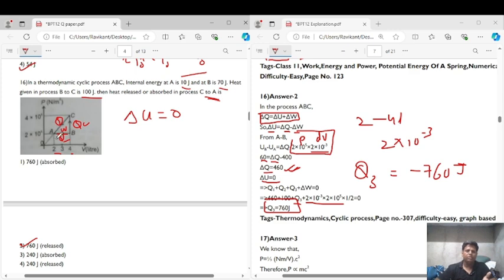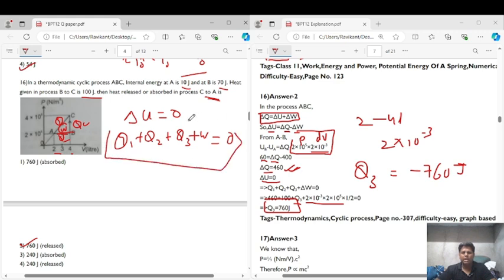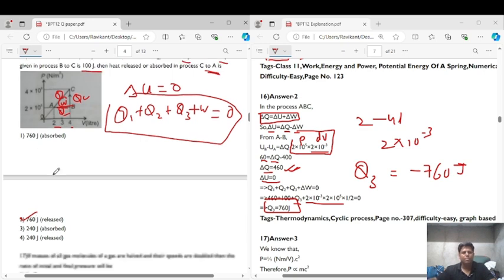And because of this, there will be some work done, that is, we are getting an area W here. So we are using Q1 plus Q2 plus Q3 plus W equals 0, right? From this, putting the values, we get that heat released or absorbed during CA is equal to 760 joule.